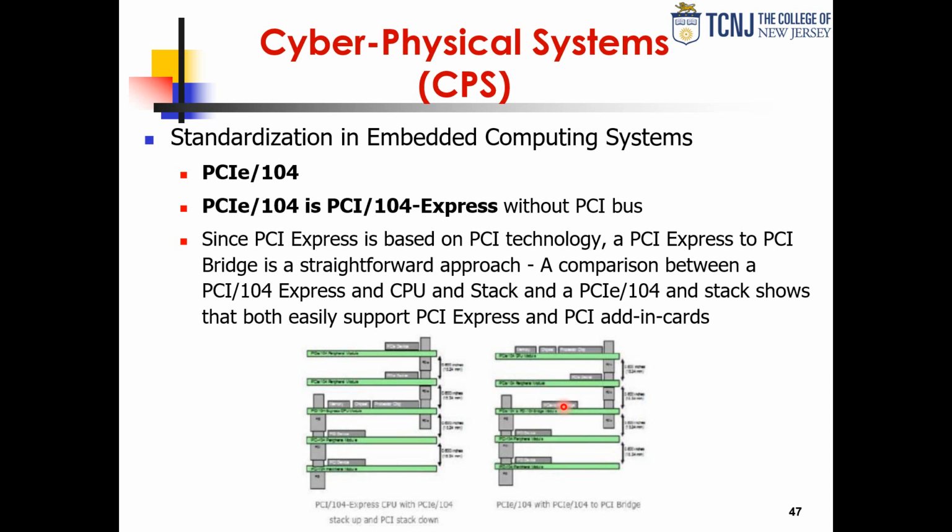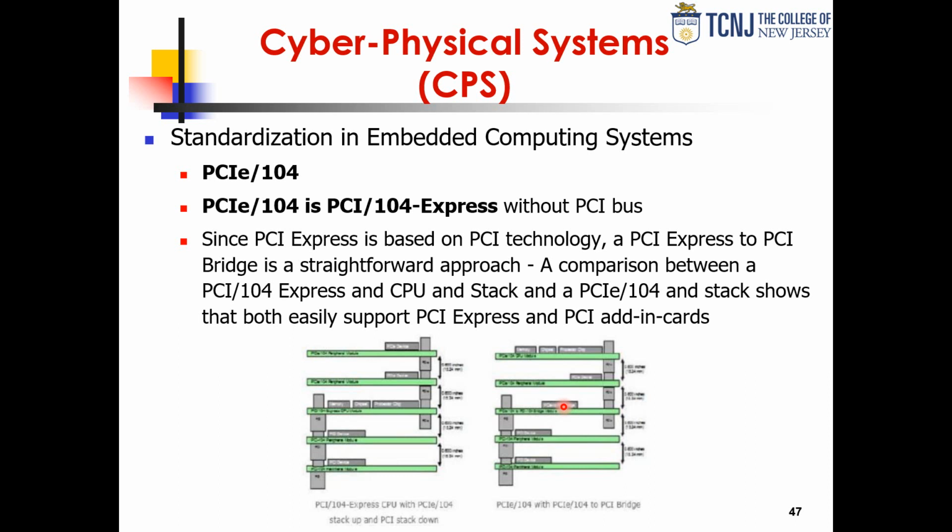So a bridge is a component that allows you to translate from one protocol to another, or from the same protocol with different speeds, replicating connections on the other side. The key characteristic of a bridge is that bandwidth is shared.